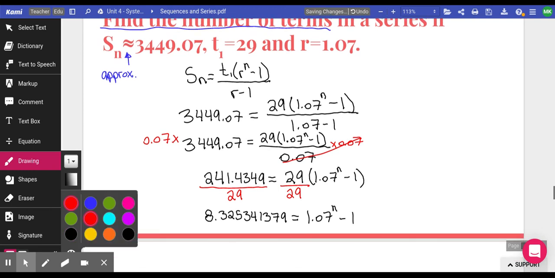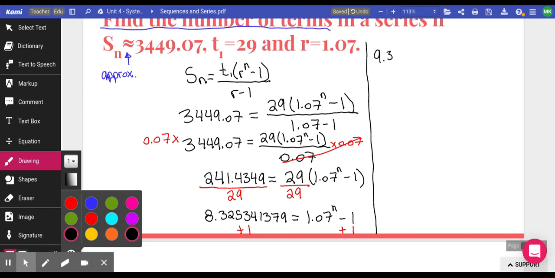To get that power by itself, I'm going to add 1 to both sides, and I get 9.32534139 equals 1.07 to the power of n.